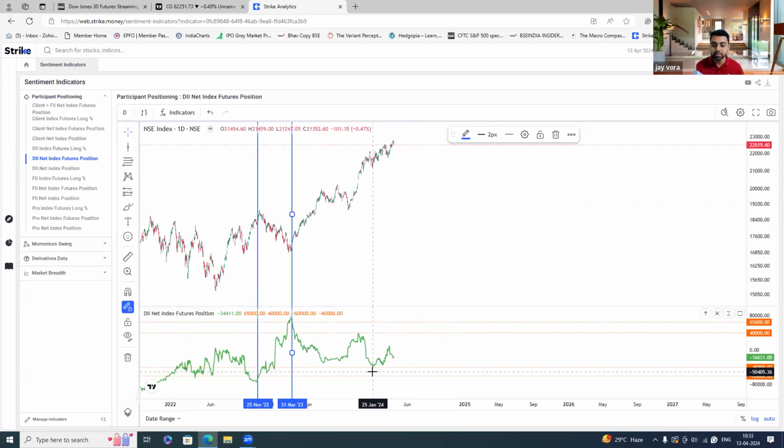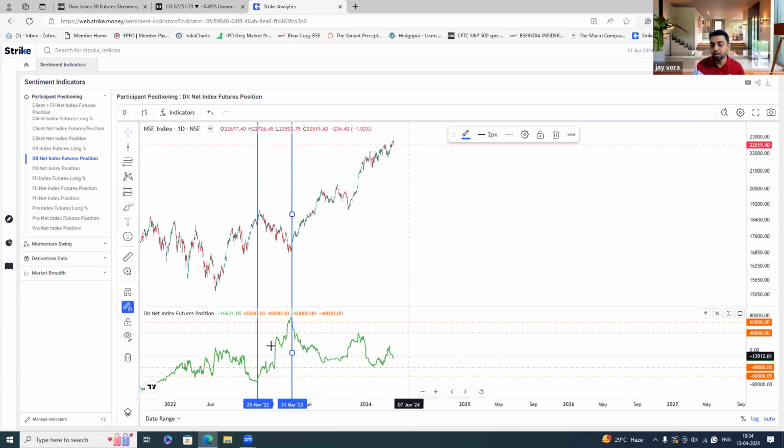Now over here as well, you can see that somewhere around this point, again, they were long. Initially the market breadth was not picking up, but जब वो election का result आया and the market mood was good, that's where the breadth started picking up. So that's where from net long, they went to net short over here.